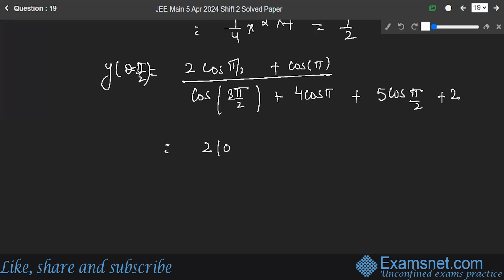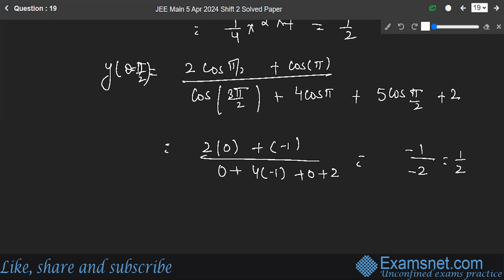This is 0 minus 1 divided by 0 4 into minus 1 plus 0 plus 2. This is minus 1 upon minus 2, or that's equal to 1 by 2.